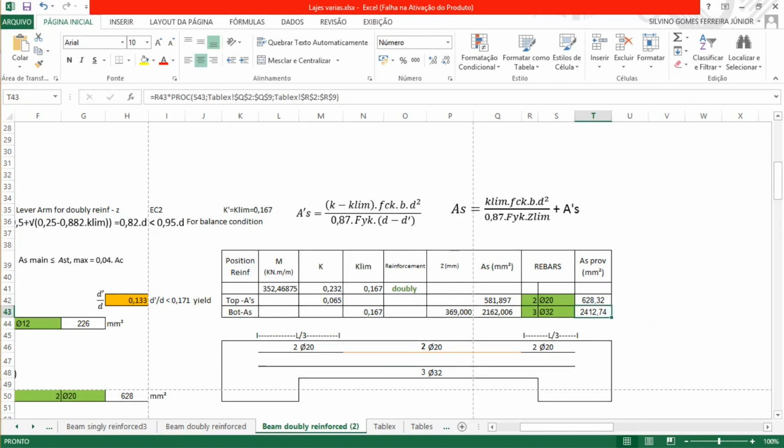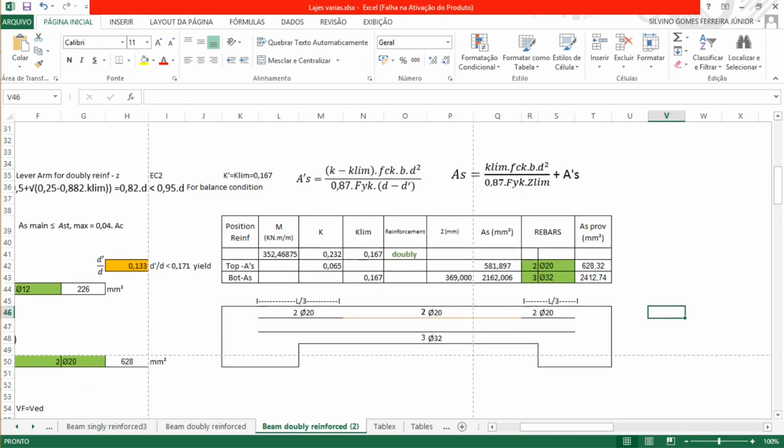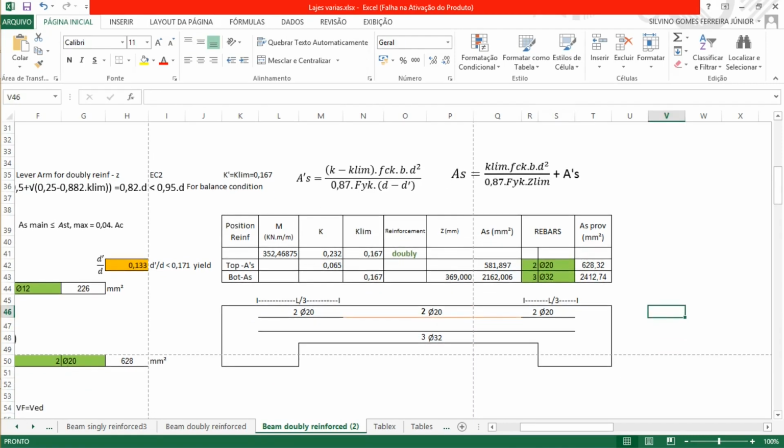So now we have the main reinforcement here on the bottom at mid-span, and at mid-span the top reinforcement of diameter 20. Okay, so this is a simply supported beam. We need to place some reinforcement near the support too, on the top, so it doesn't crack.